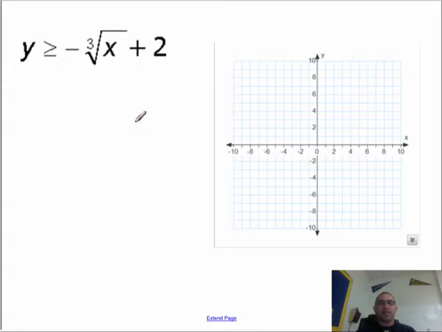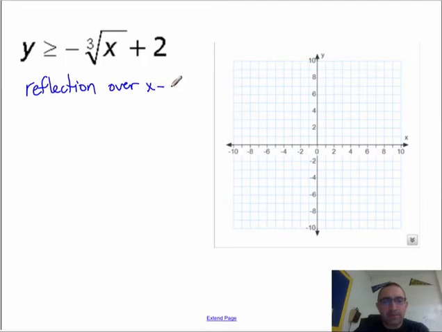And the last one today, another cube root. This time we have a reflection over the x-axis and a translation up 2.